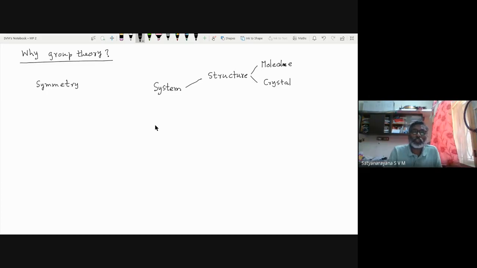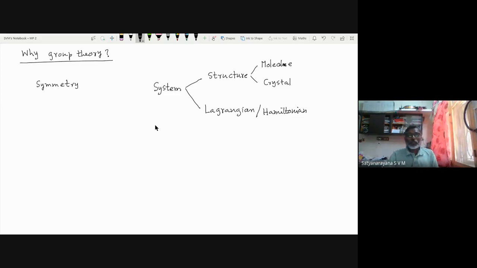Okay, some structure is there. Or we may have some system defined by some Lagrangian or Hamiltonian.